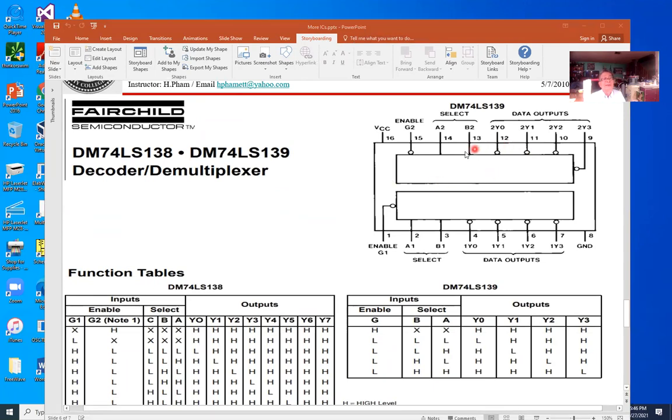Now, on this IC 139, if you're looking here, it has 16 pins, okay? 1 up to 16. Pin 16 will be power, 5 volt. Pin number 8 will be ground. Try to see how many inputs for this IC. Can anyone tell me how many inputs for this IC?